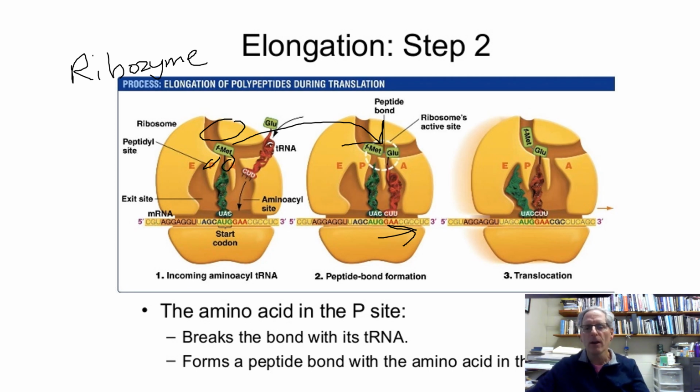The A site is open. The appropriate charged tRNA comes in, whose anticodon sequence corresponds with this codon sequence. And the process repeats. The large ribosomal subunit remakes the peptide bond, and it moves again with the translocase, and away you go.